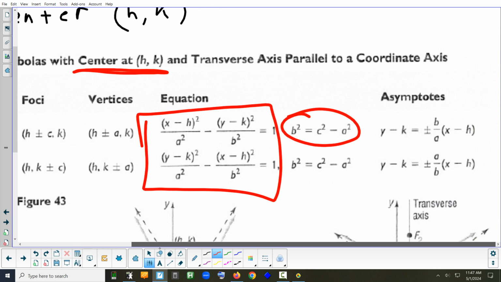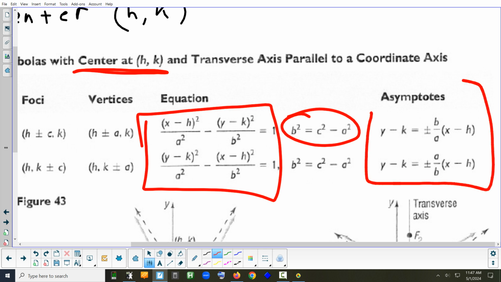As far as asymptotes, this is really point slope. I don't really think of that when I do it. I know point slope. So I just remember, my point is the center, and my slope is either a over b or b over a. That's all the asymptotes are. I don't try to memorize them because I know point slope.